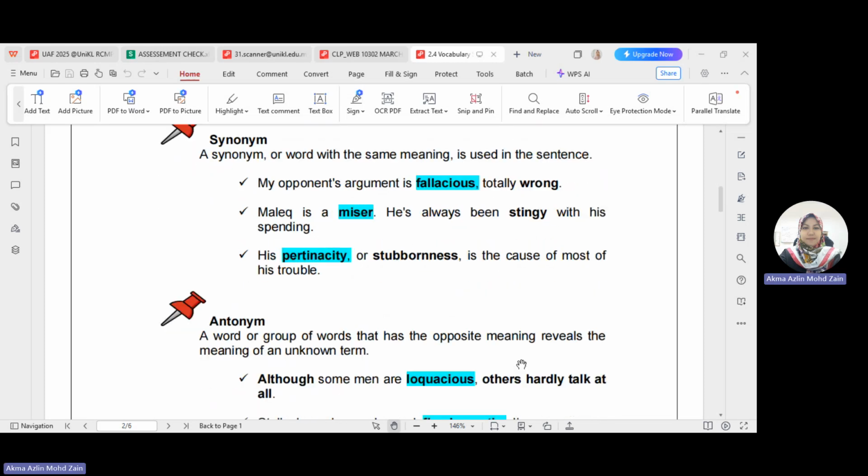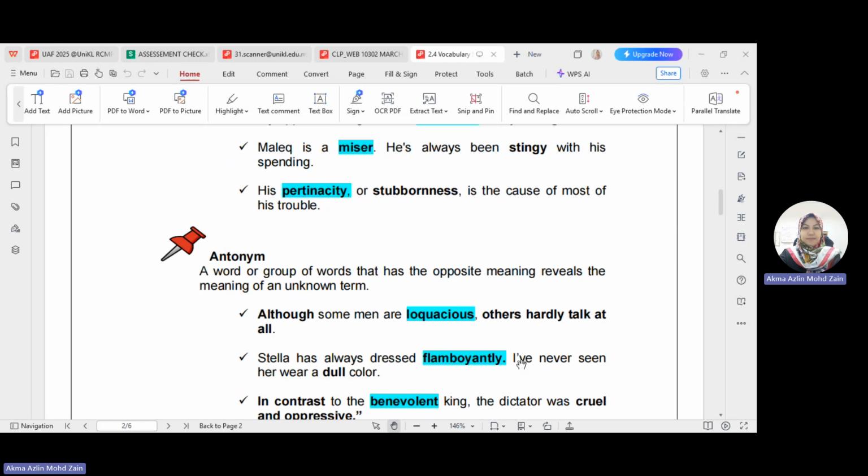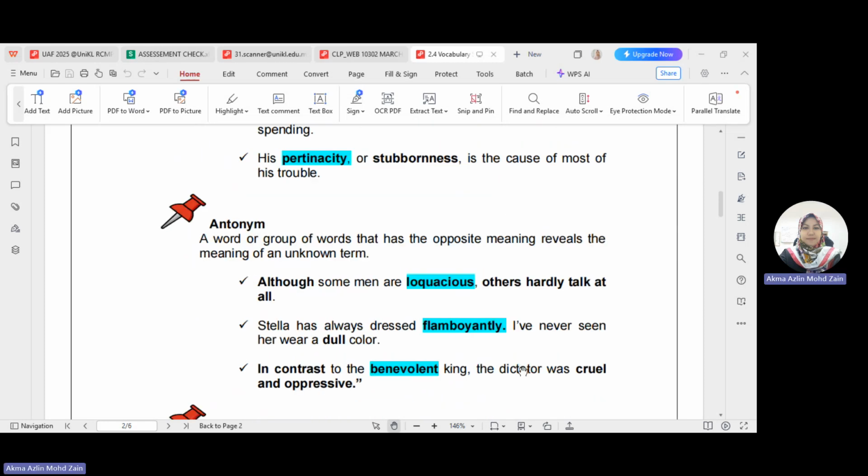Next is the antonym clue. We also have this term in Bahasa Melayu. It's called antonym. Look at this example. Although some men are loquacious, others hardly talk at all.